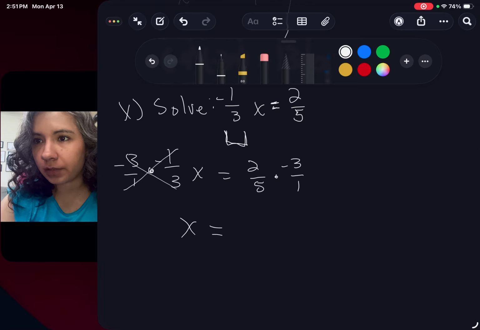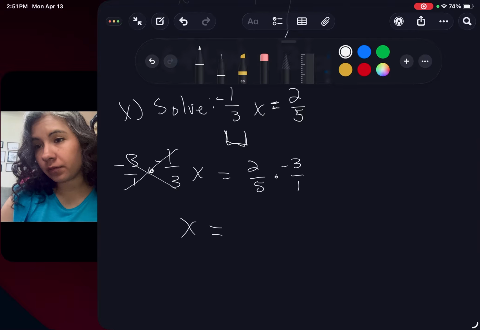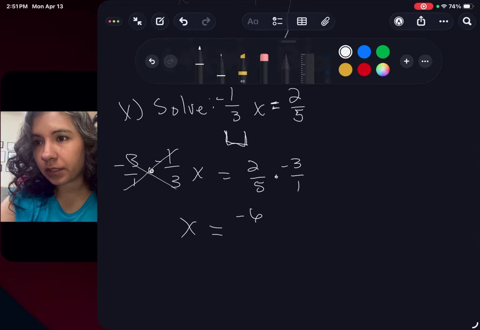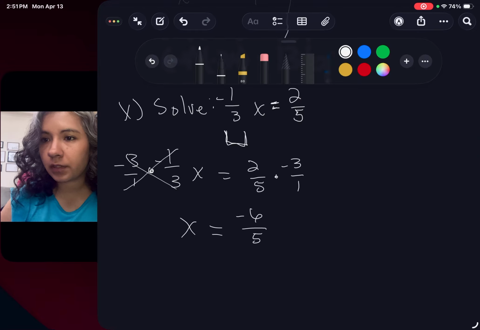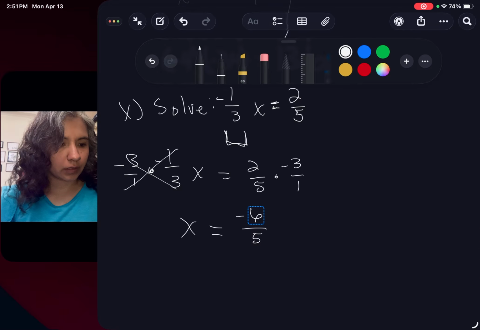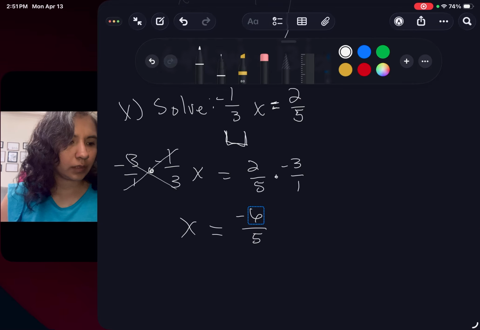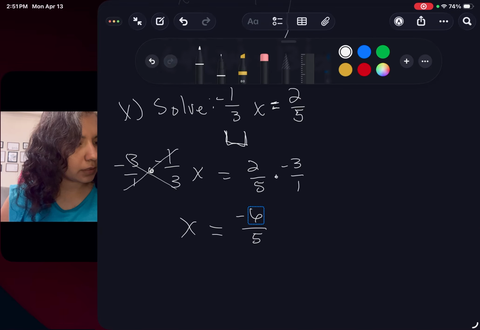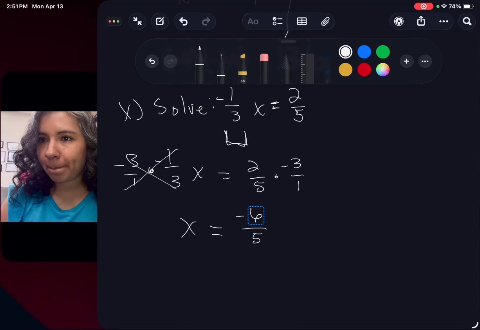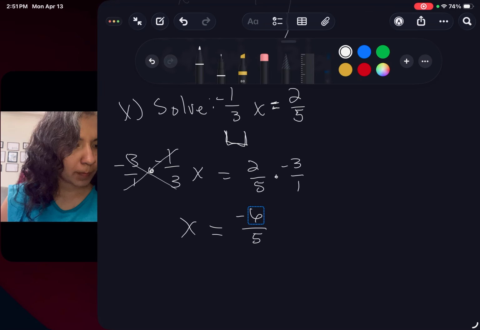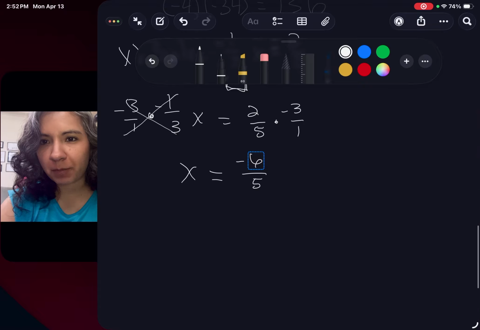We have x equals 2 times negative 3, which is negative 6 over 5. So this is going to be our simplified answer. Did I do this right? Yeah, okay. Negative 6 over 5. Just checking my math.